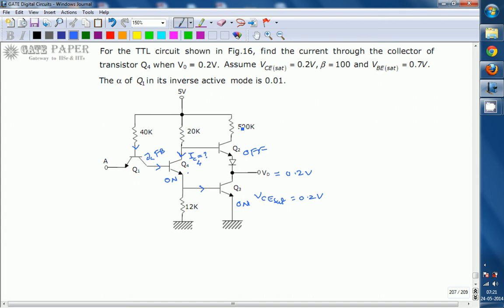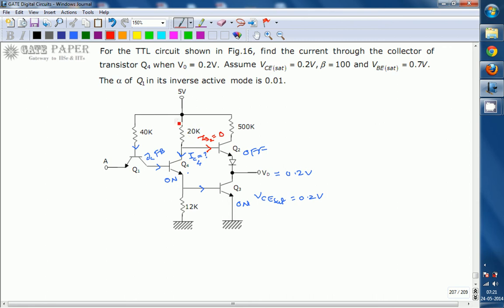Whenever Q2 is off, the current flowing through the base of the transistor is treated as 0, because there is no base drive, and it acts as an open circuit. So the base current of Q2 is treated as 0.